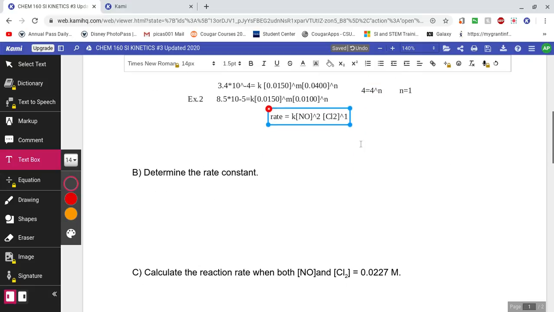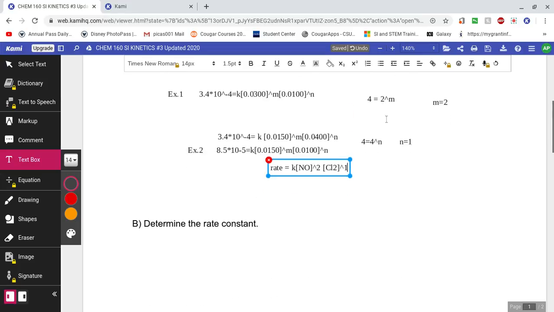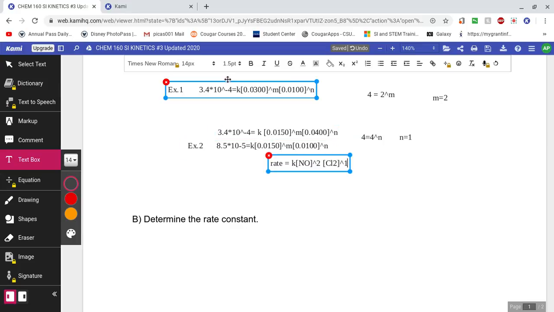Now we move on to our rate constant. Now, how would we do this? Well, if we look at the experiments we set up before, now we only have one variable because we've found m and n, so the only variable is k. So you can pick any experiment and just plug in the values and solve for k.